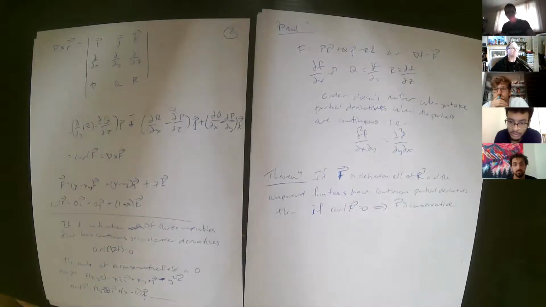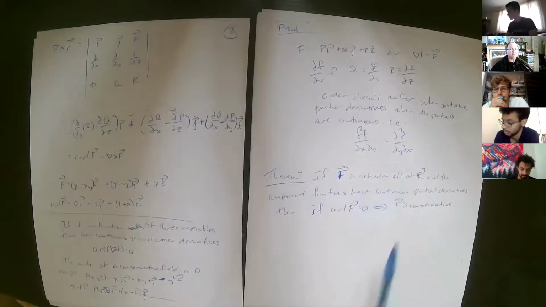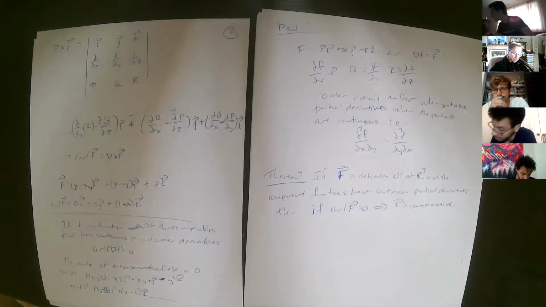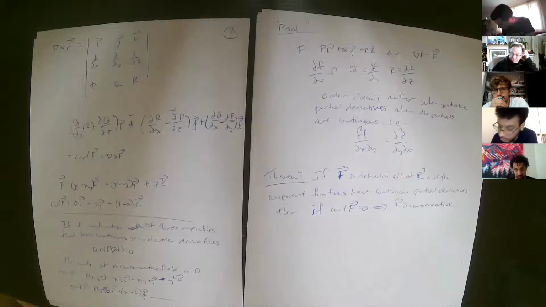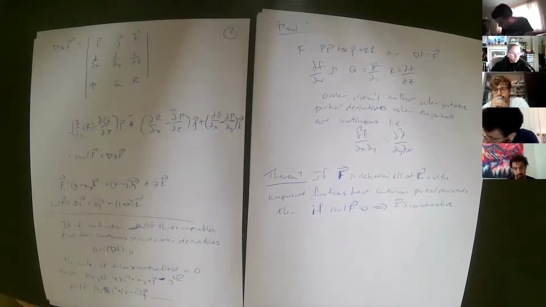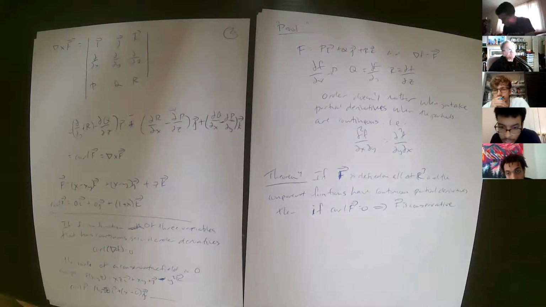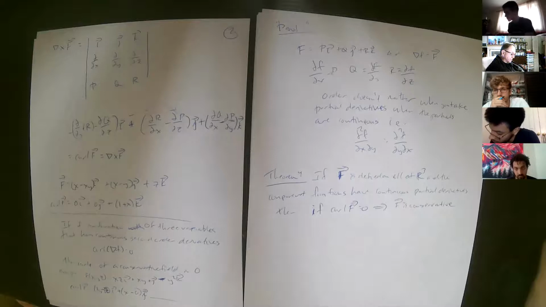So we can go check if a field is conservative or not quickly by computing its curl. Just like we could check before by computing those partial derivatives. Any questions? Okay.